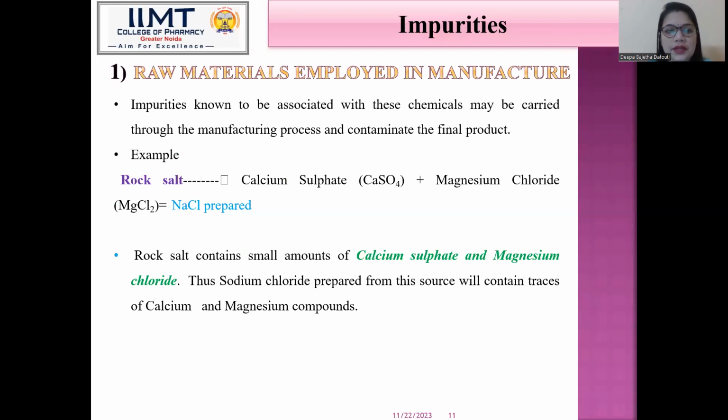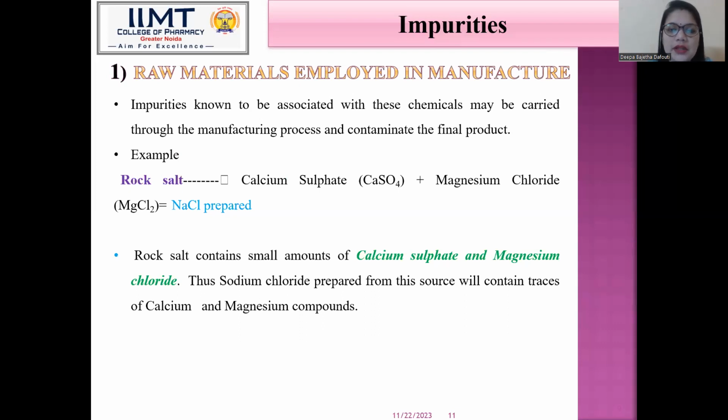So I will explain first, raw materials employed in manufacture. Impurities known to be associated with these chemicals may be carried through the manufacturing process and contaminate the final product. For example, rock salt, calcium sulfate plus magnesium chloride gives NaCl.